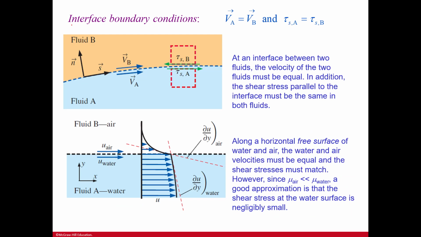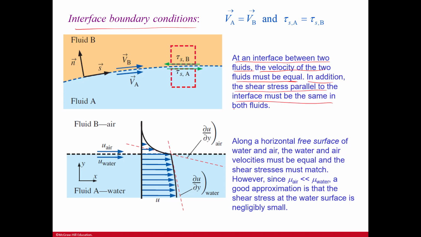Here are interface boundary conditions. At an interface between two fluids, the velocity of the two fluids must be equal. This is a good thing to know. In addition, the shear stress parallel to the interface must be the same in both fluids.